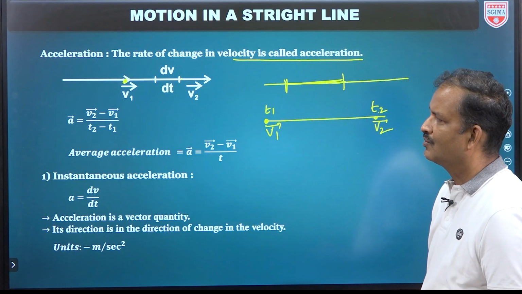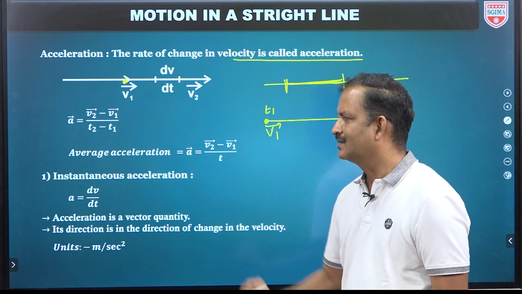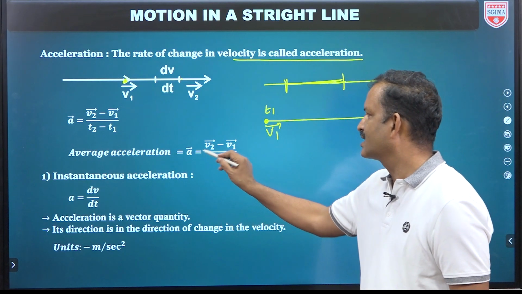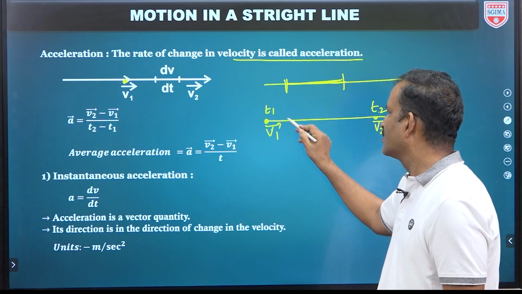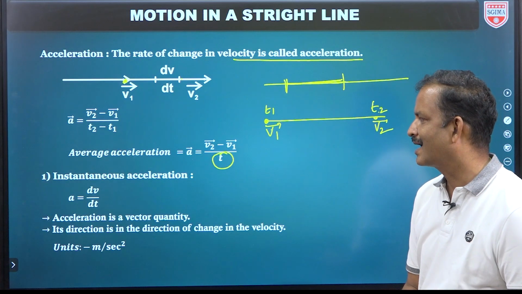This is the average acceleration. Average acceleration is v2 bar minus v1 bar by t2 minus t1, which is the time.